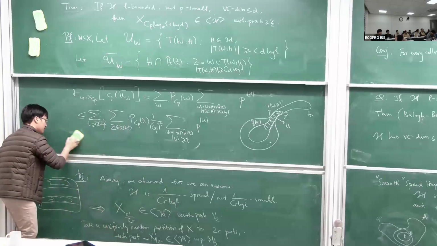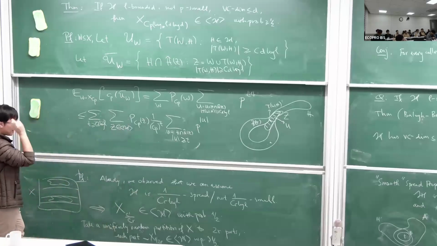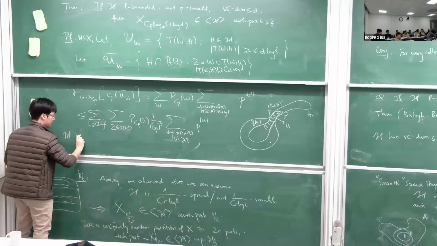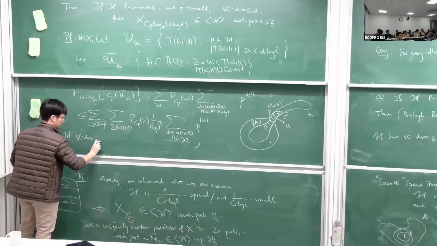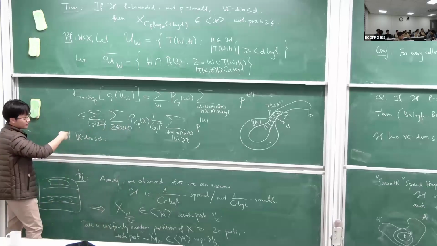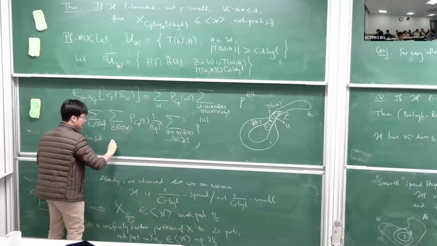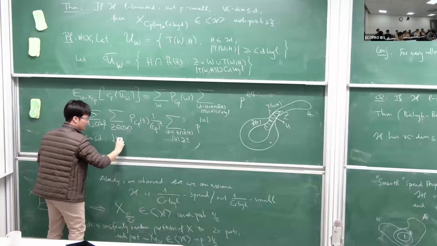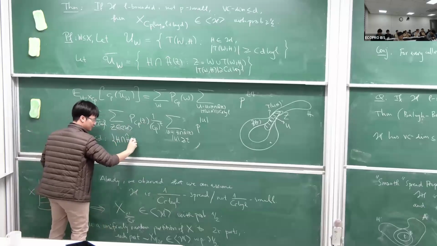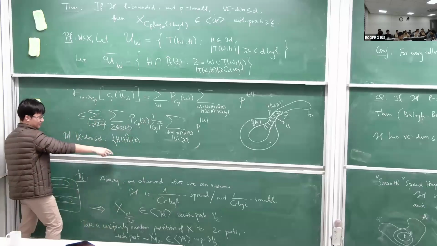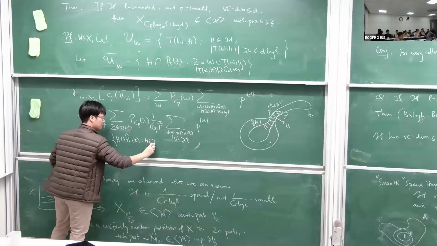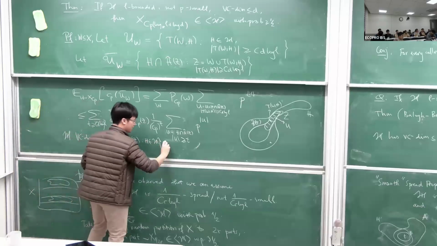Why did we do that? Well, we have the condition that the family H has VC dimension at most D. So you can actually deduce that the family of sets of the form H intersected with this fixed set H hat Z also has bounded VC dimension.